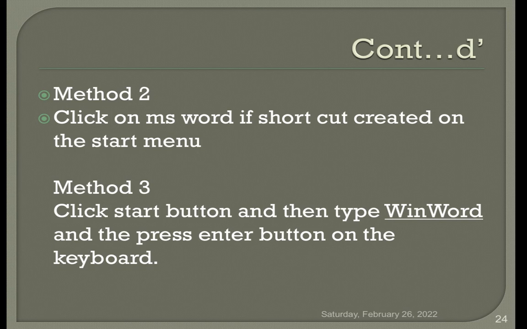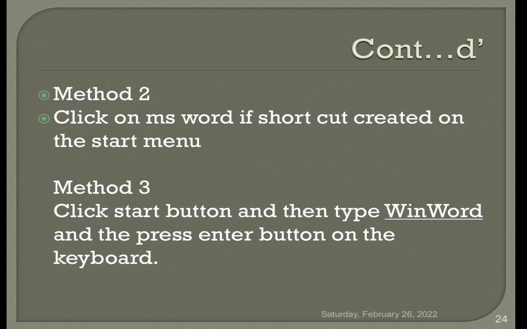Why do I encourage you to master the third one? Simply because you may not find a shortcut on the screen. You may click on start and go to programs, and find that Microsoft Office Suite is hidden, so you find it hard to open the document.